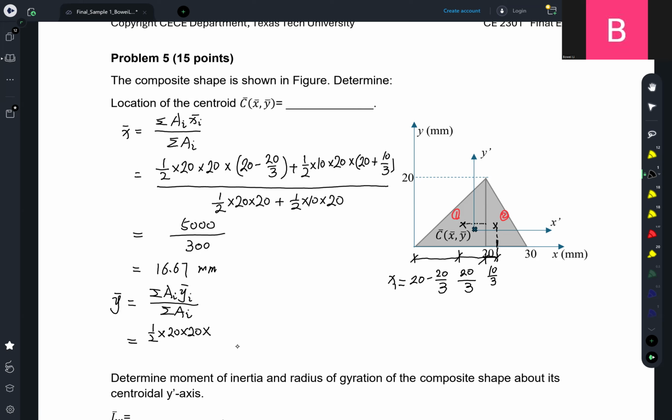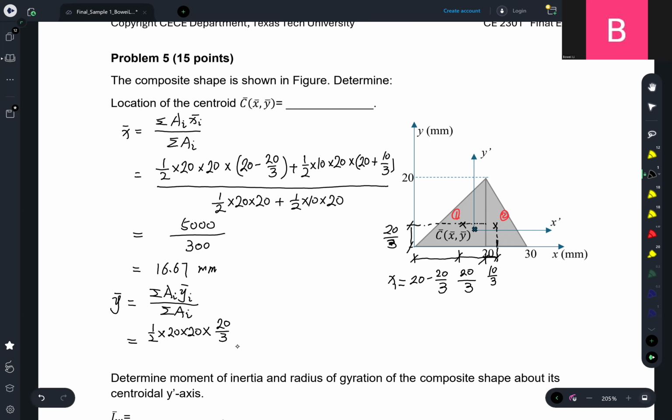As we know, the distance from the centroid of the triangle to its base equals one third of the height, which is 20 over 3, right? So that is also the y coordinate of the centroid of the first shape. So we have 20 over 3.